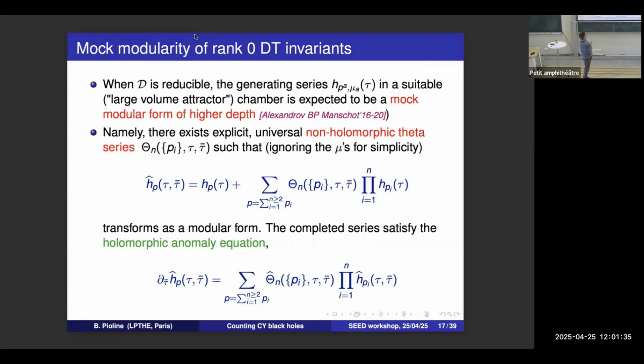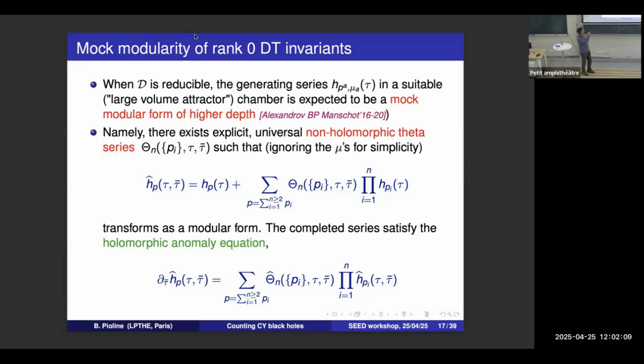So the statement now is that this h_P is in general not modular, but there is a non-holomorphic completion h-hat, which is entirely determined by the generating series associated to the constituents in the possible decompositions of this P. So those are holomorphic, but in order to repair the anomaly, you need to combine them with certain theta series in order to obtain something which is modular, but non-holomorphic.